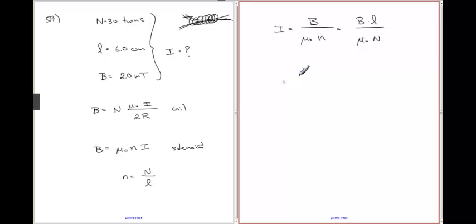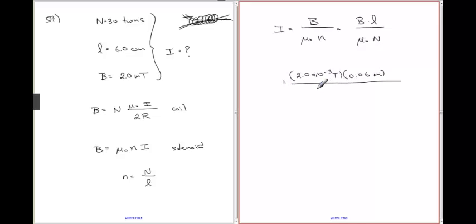I just have to make sure everything's correct. Here we have Tesla, and actually millitesla, which is 10 to the minus 3. So we have 2.0 times 10 to the minus 3, that's the milli part, Tesla, multiplied by the length, which is 0.06 meters.